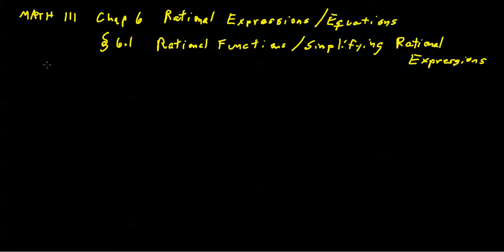Before we talk about rational expressions, let's talk about rational numbers. You've heard the expression rational numbers many times in your mathematical careers, I suppose. The big clue here is ratio. Ratio is embedded in the word rational.